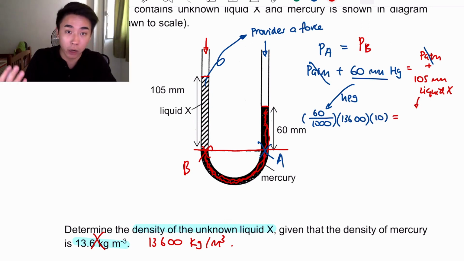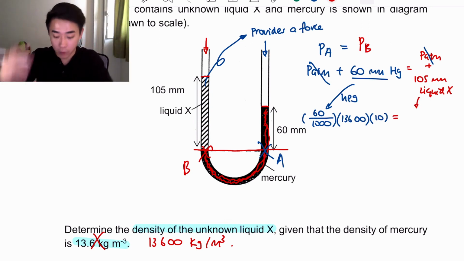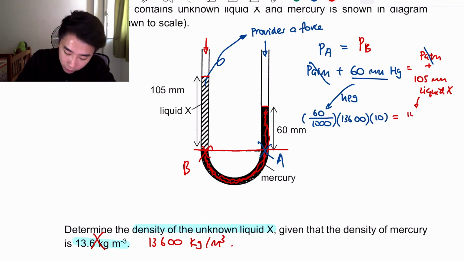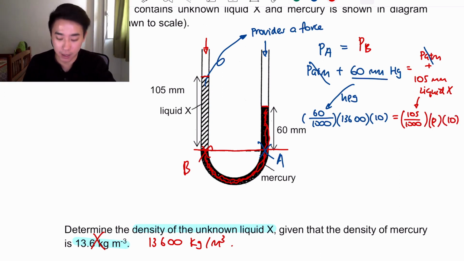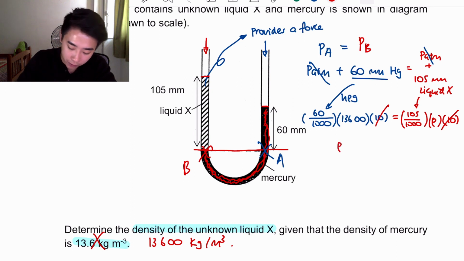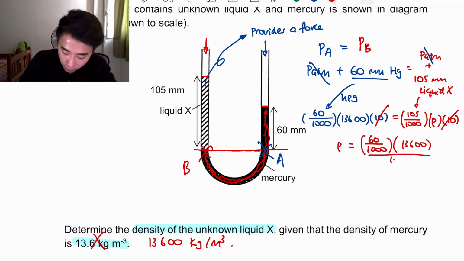And it's equivalent to the pressure created by 105 mm of liquid X. So here 105, we change it to meters, and the rho we don't know, and finally we add the 10 in. Okay, again 10 and 10 will cancel, and so we can find our rho. Our rho will just be 60 over 1000 multiplied by 13600 divided by 105 over 1000.